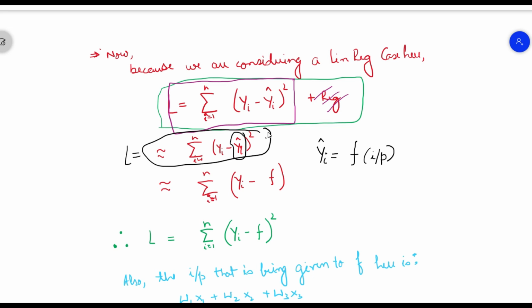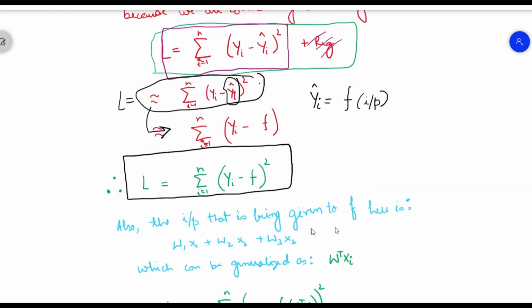This equation is the same as this equation; we have just replaced yi cap with function f. So finally, our loss function for a linear regression model looks like this. We have ignored the regularization term and replaced the predicted value yi cap with f. That is the only change we have made.